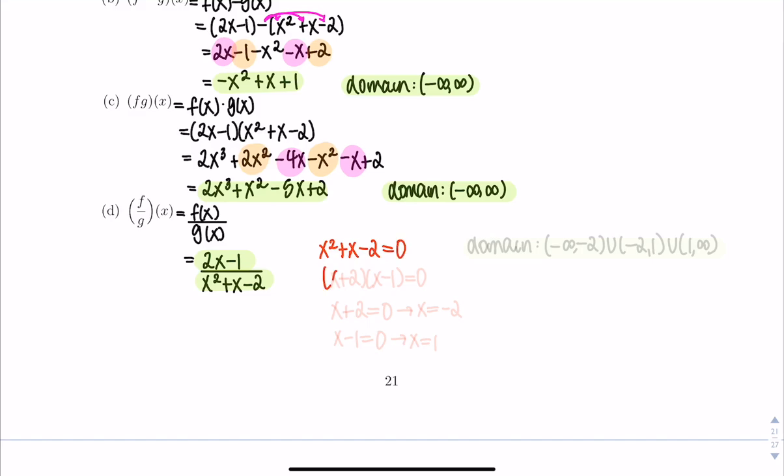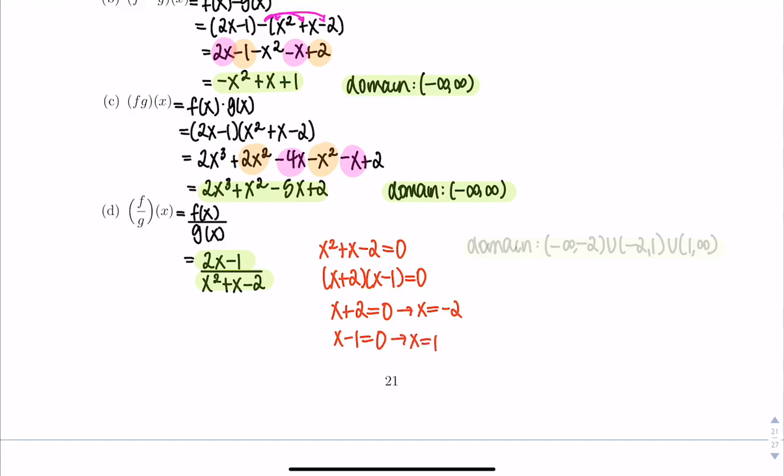Well, this is just (x + 2)(x - 1) equals 0. And setting each piece equal to 0, you get that x equals negative 2 and x equals 1.